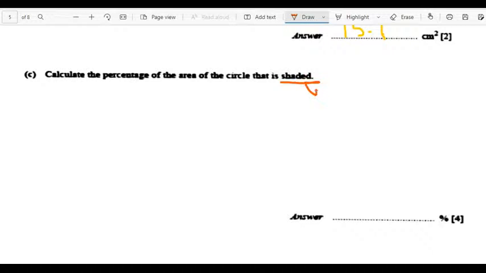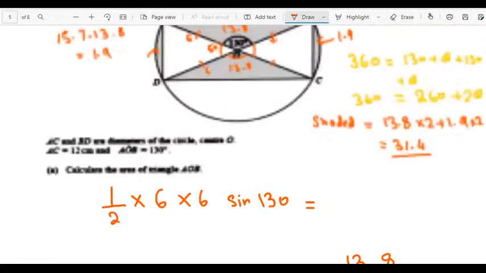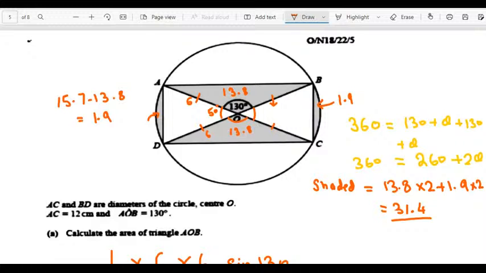So shaded is 31.4. So how do we calculate the percentage, Turhan? Please calculate that. Okay, so yeah, we can calculate the area of the entire circle first. Very well done.